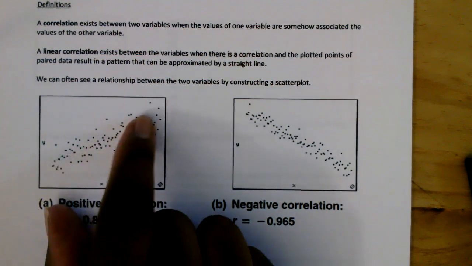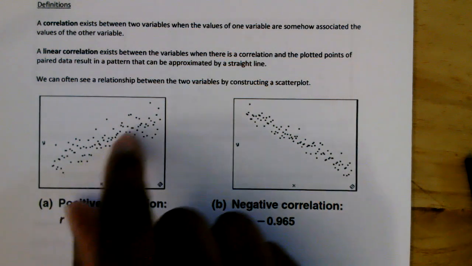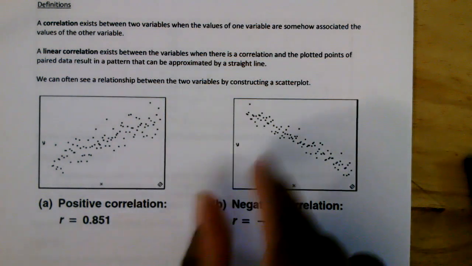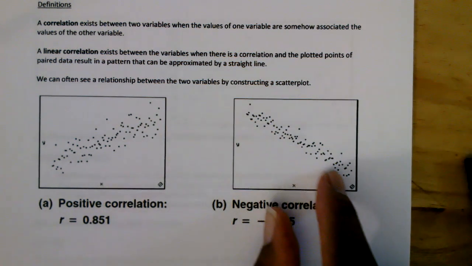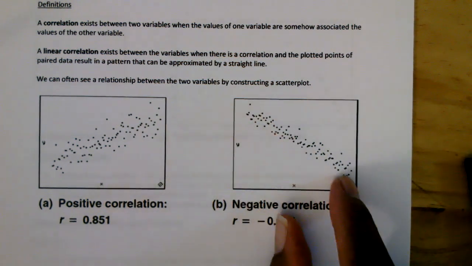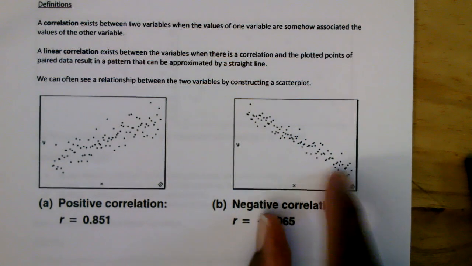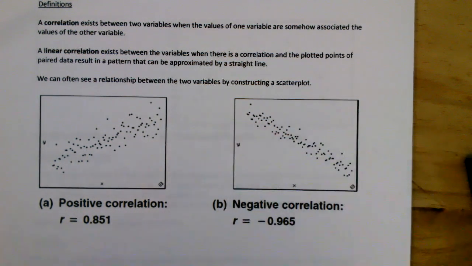So there is a positive correlation between two variables, X and Y. So in other words, as X increases, Y increases. Now, the one on the right is a negative correlation. You can see that these points are declining or falling from left to right. So in other words, as your X values increase, your Y values are going to be decreasing. Okay.